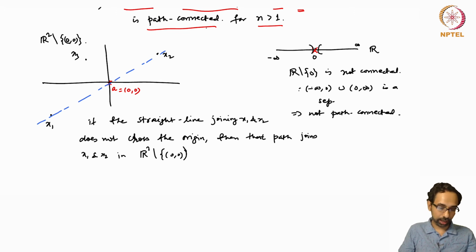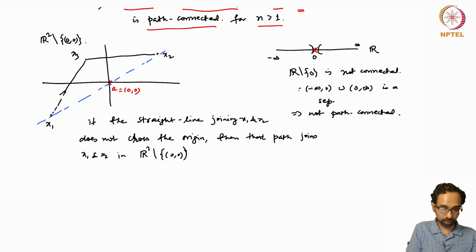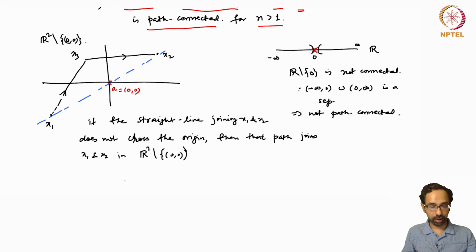Then we can join x1 to x3 and then x3 to x2. So we go from x1 to x3 by a straight line and then join x3 to x2 by another straight line, and that is a path. Just by using the pasting lemma, we can show that this defines a path between x1 and x2.